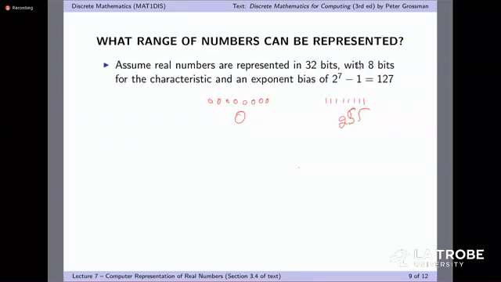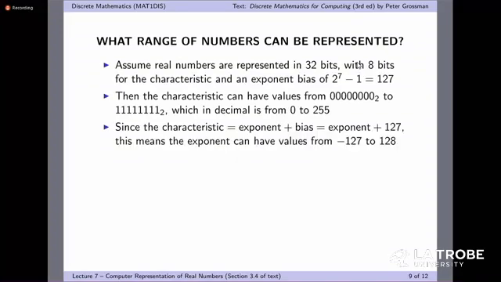Yes? So between 0 and 255 for the characteristic, but that characteristic goes in the power of 2. That means since the characteristic is exponent plus bias, so exponent plus 127, and the characteristic's possible values are between 0 and 255, basically your exponent range is between negative 127 and 128.